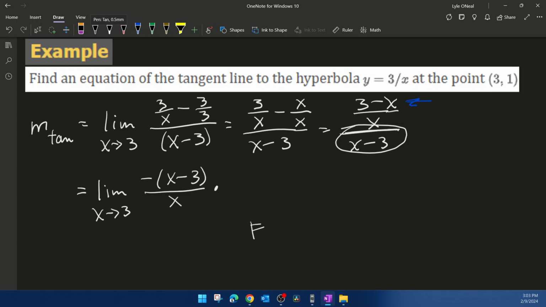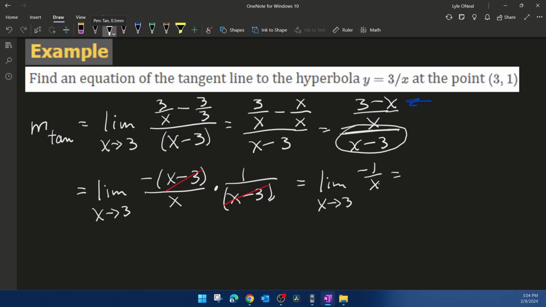If I flip it, that would make it 1 over x minus 3. And then notice that that's going to allow us to eliminate the common factor of x minus 3. Which causes our limit to simplify to the limit as x approaches 3 of negative 1 over x.